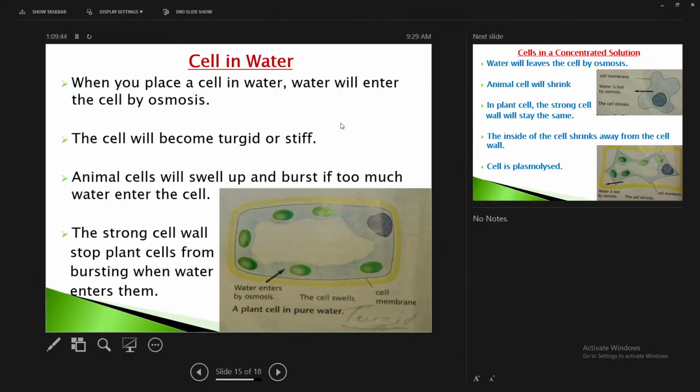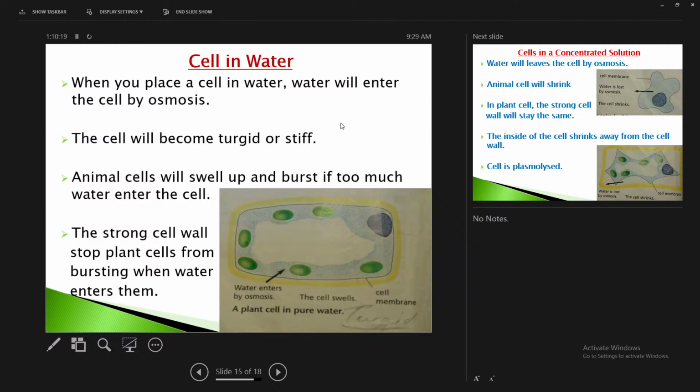Alright, so we're looking now at a plant cell in water, or a cell in water. If you place a cell in water, in terms of osmosis, the fact that the cell is literally in water simply means that outside of the cell would be the highest in terms of water concentration, while inside of the cell will be the lowest.